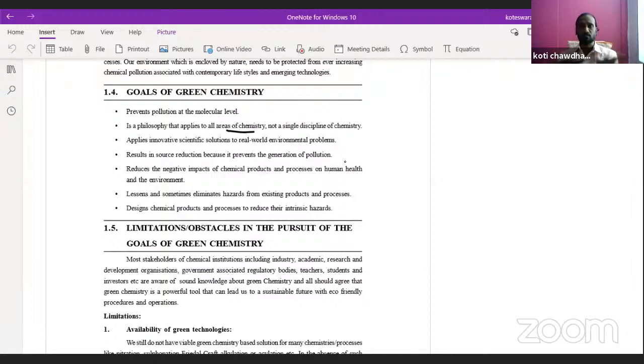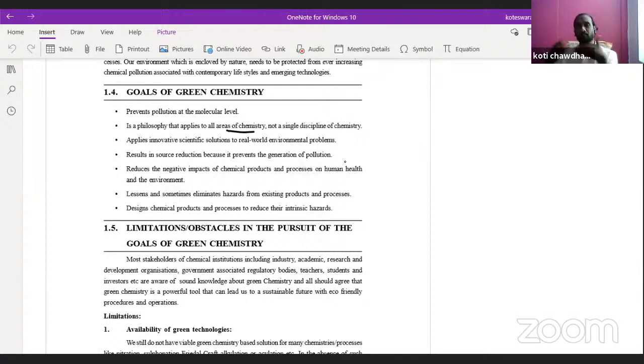Everywhere we need to reconstruct the procedure, the usage, and the disposal manner. All these things help to reduce the negative impacts of chemical products and processes on human health and other environmental impacts.